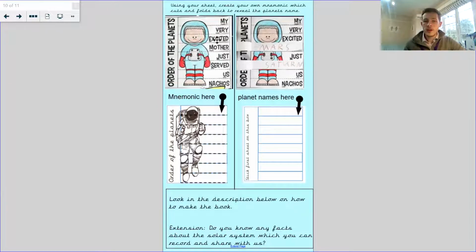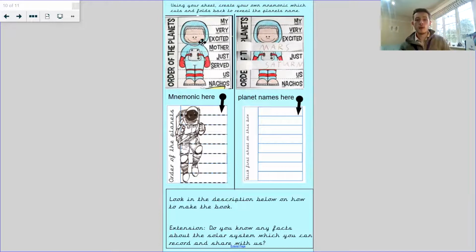What we're going to do is on one side, you've got your mnemonic. So for this one, it says, my very excited mother just served us nachos. And underneath each one it's like a flip. So they've cut it and you flip it back, and underneath it says what the planet name is.